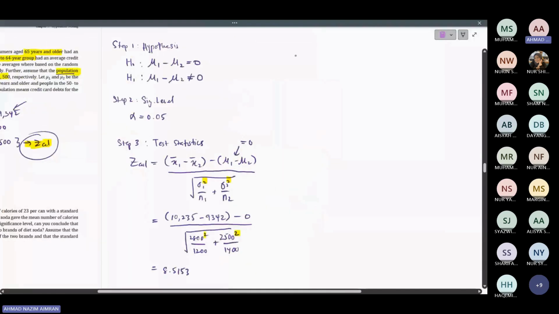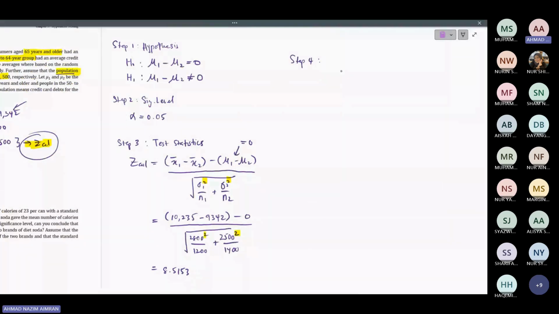And step number 4 is to find the critical value. Since we calculated Z calculated here, you need to compare Z calculated with the Z critical value. Please do not compare with alpha, with the T critical value.